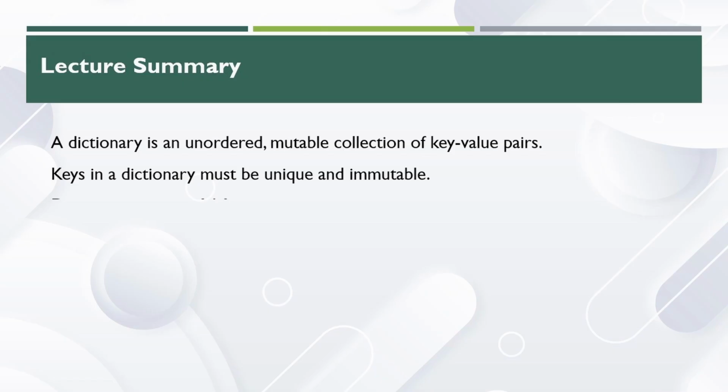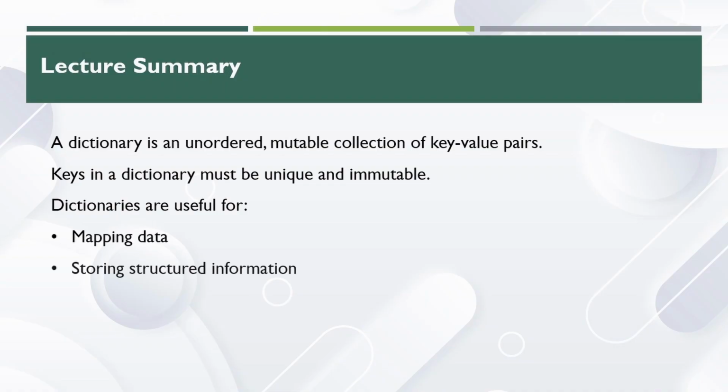A dictionary is an unordered, mutable collection of key value pairs where keys must be unique and immutable. We discussed how dictionaries provide efficient data access and are highly suitable for mapping data, storing structured information, and counting occurrences.